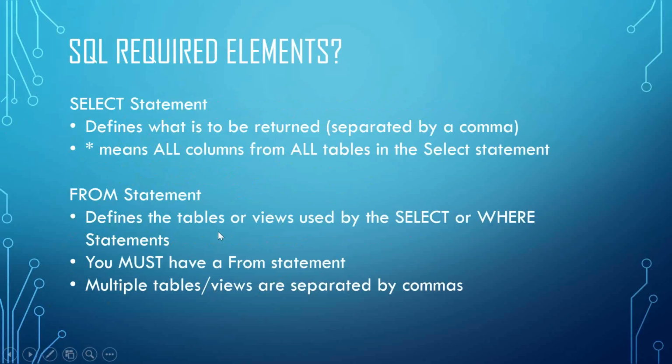The from defines the tables or views selected, used by the select or where statement. You must have a from statement. Multiple tables or views are separated by commas. So this is the basis for all select statements.